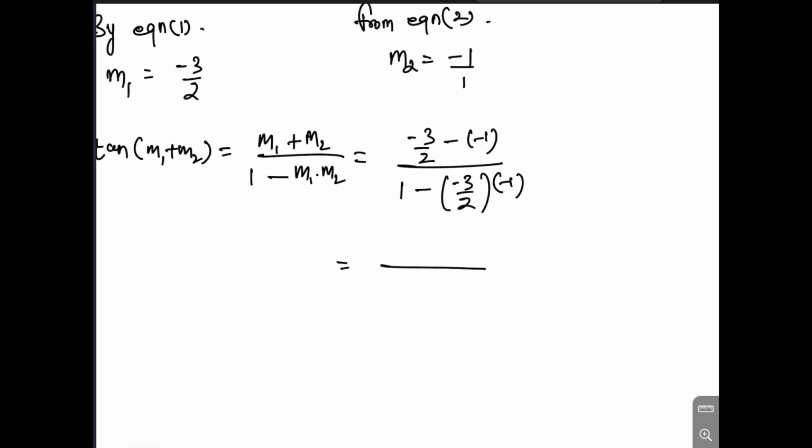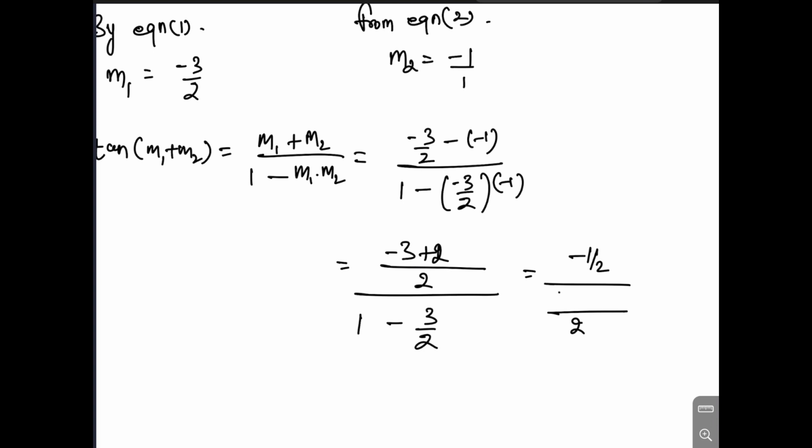Taking LCM 2, minus 3 minus 2 over 2, whole divided by 1 minus 3 by 2. So we get minus 1 by 2 divided by minus 1 by 2, and both get cancelled.